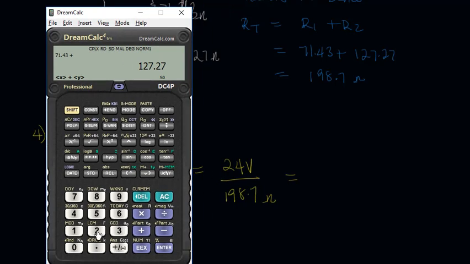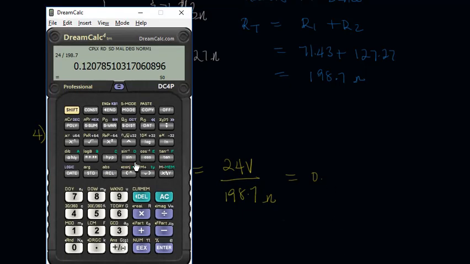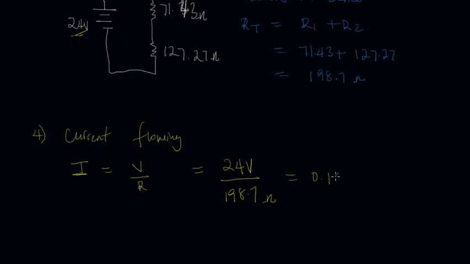So if we plug that in our calculator, we have 24 divided by 198.7, and our answer is 0.121 amperes, or 121 milliamperes.